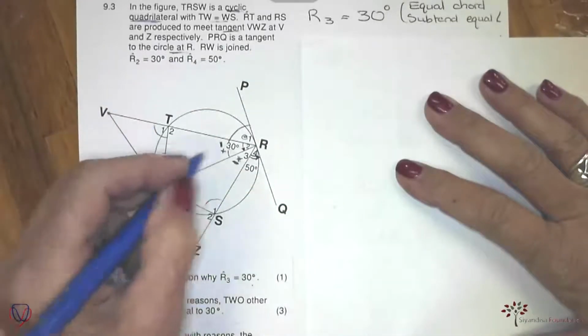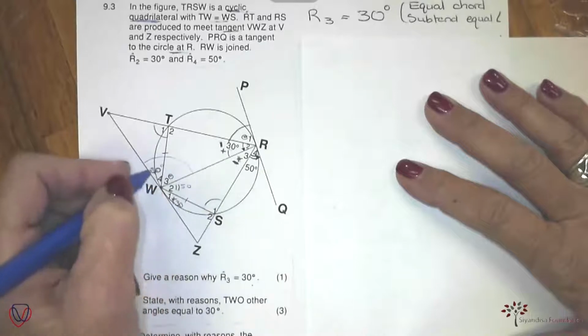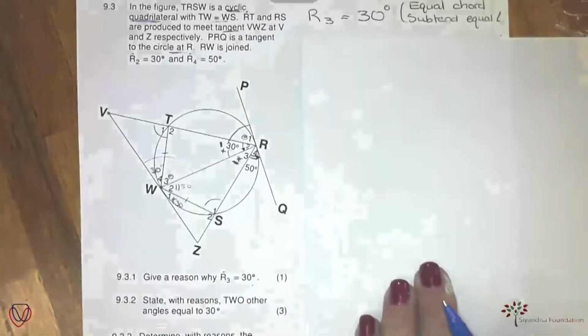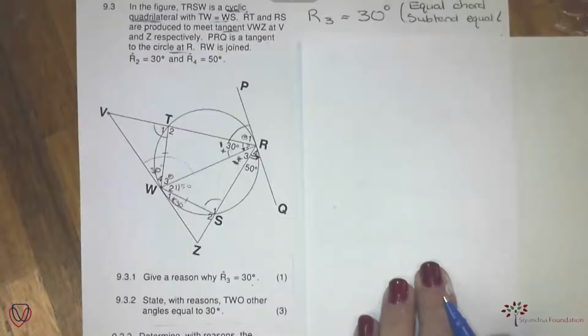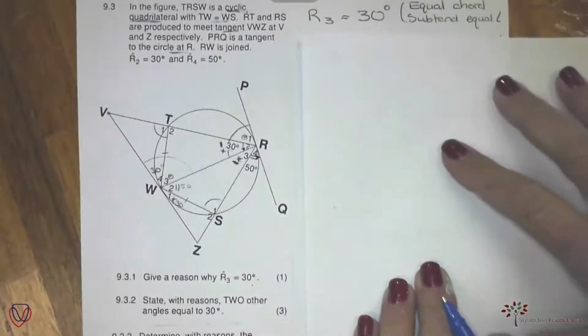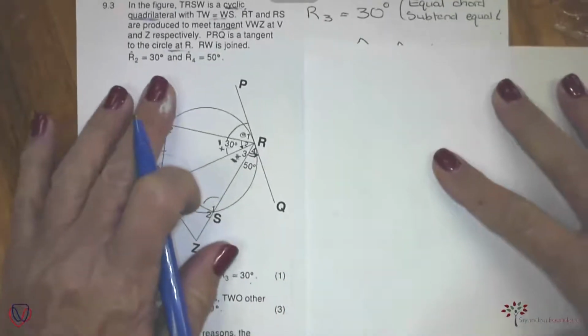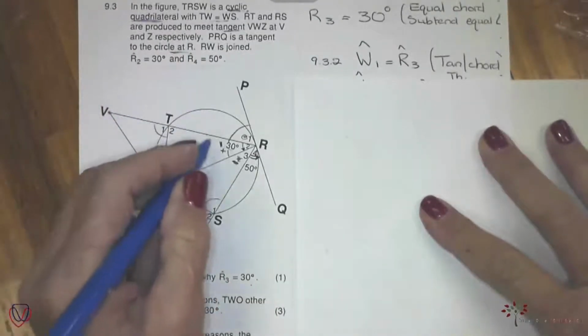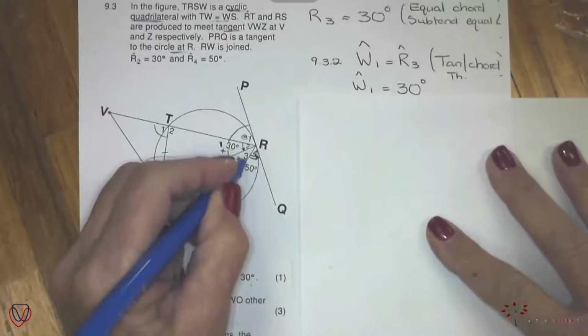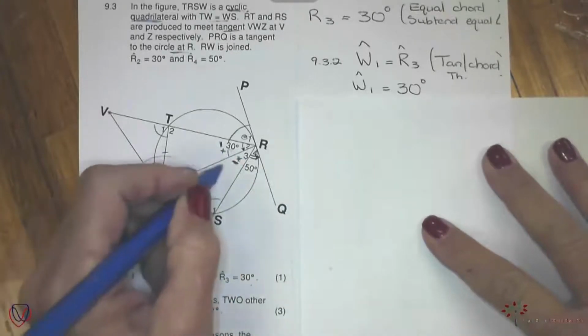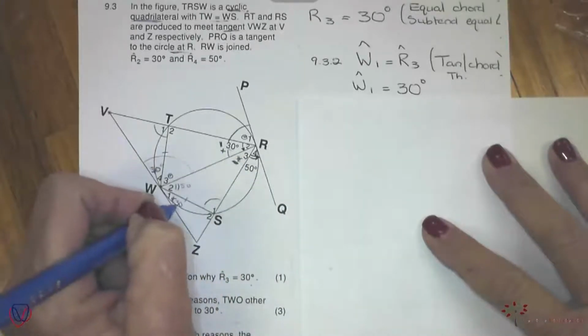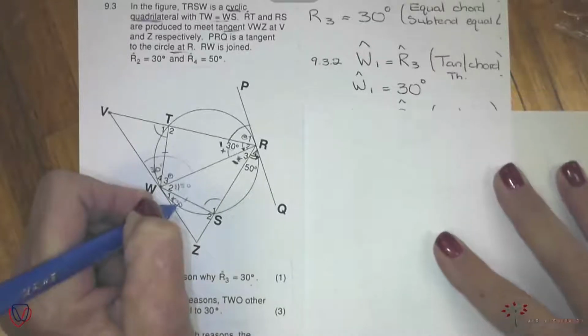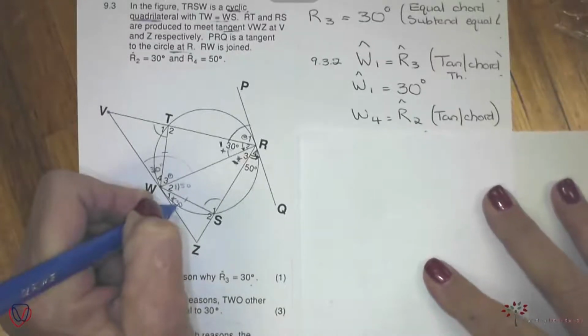So, W4 and W1 will both be 30 because of the tan chord theorem that we know. W1 is R3 there, and W1 therefore is 30 because R3 is 30. We've proven that. And the reason there is tan chord.